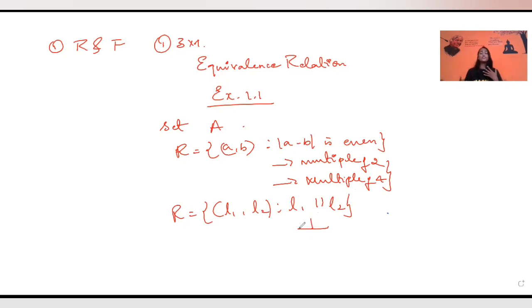So all these are the options. Mainly this type of questions, or relations where (a, b) belongs to the relation if a is less than b, a square is less than b square, or a is less than b cube. All these are of the type. So you have to concentrate on most of these cases, on relations and the equivalence relation.